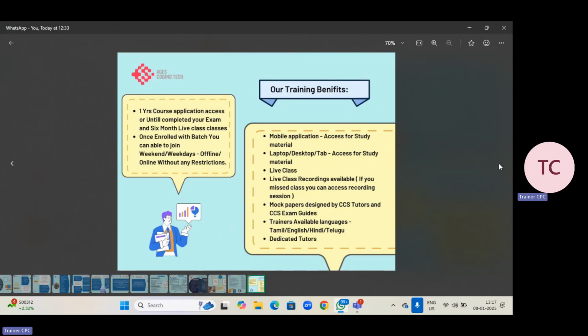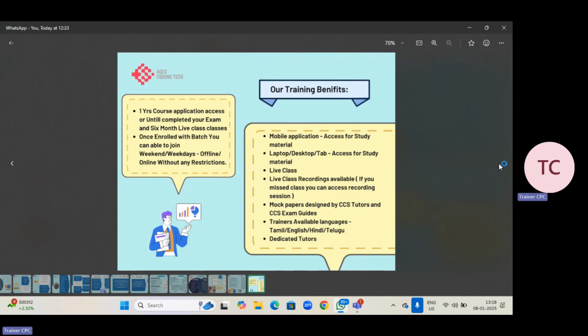Okay. So coming to our training benefits compared to other training institutes. Team, the materials which we are providing here, the mock papers you are taking, are designed by our CCS tutors, and we are having the CCS exam study guide.